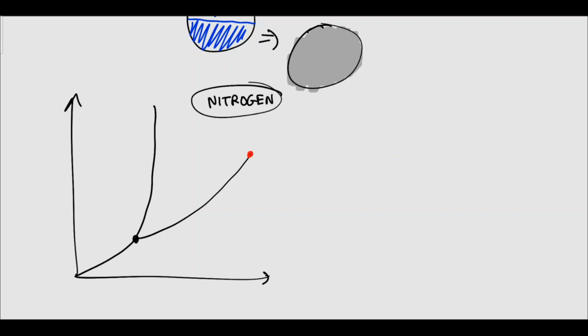In nitrogen's case, the triple point would be at around 63 Kelvin and the pressure at around 0.13 bar. The y-axis again denotes P, which is pressure, and the x-axis T, which is temperature. And the critical point appears at around 126 Kelvin and 35 bar.